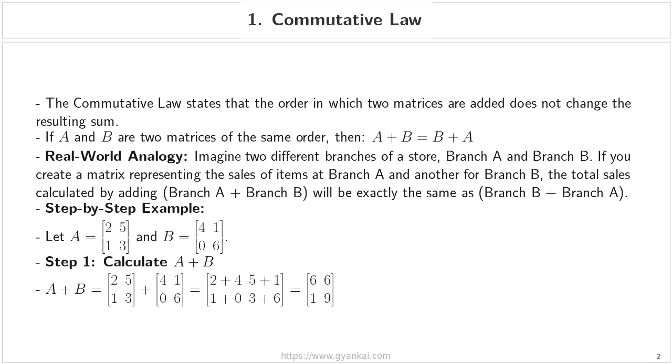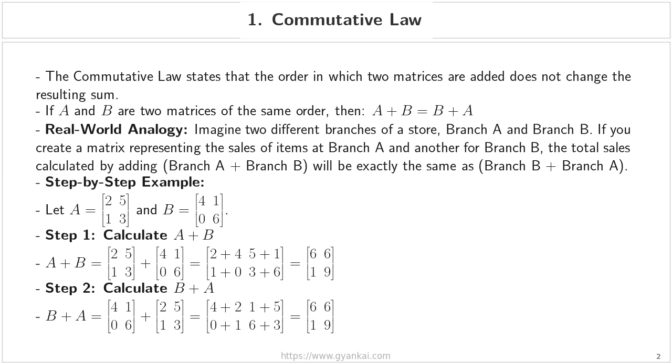Now let us reverse the order and calculate matrix B plus matrix A. Again, we add the corresponding elements. 4 plus 2 is 6, 1 plus 5 is 6, 0 plus 1 is 1, and 6 plus 3 is 9. As you can see, we have arrived at the exact same resulting matrix, 6 and 6 in the top row and 1 and 9 in the bottom row.